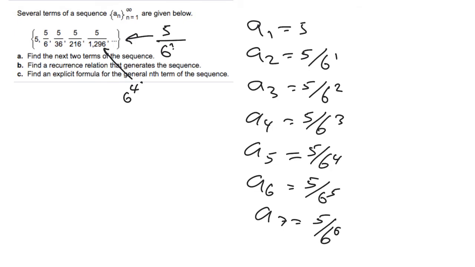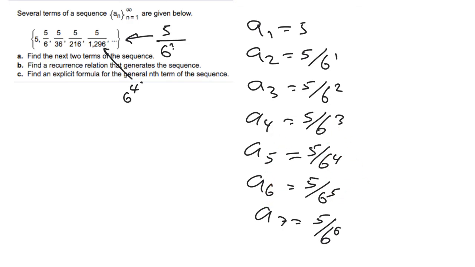So let's look at the explicit formula. Because I can write it in a common form, all I have to do is see what the connection is between the subscript and the exponent. The only thing that's changing as I go from one to the other is the power. The power of 6 changes from 3 to 4 to 5 to 6, and the subscript is changing on this side.